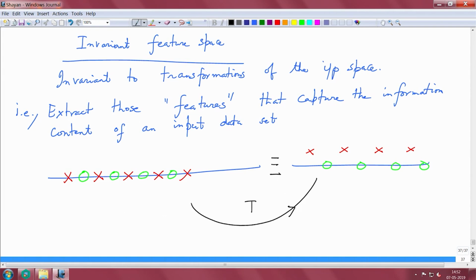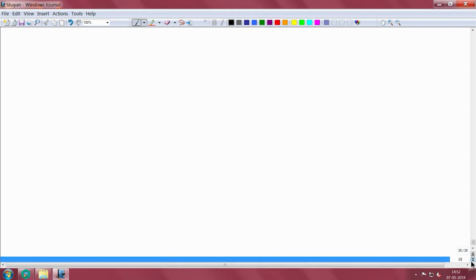This is on a line, this is on a plane because you have a y coordinate for the crosses, right. If I can do that, then I am not destroying the information content, but through some transformation I am capturing this invariance and then I am letting this machine learn this. So, this is the idea behind invariant feature spaces. So, how can we do this? This is a question as we try to answer this question through the rest of the course.